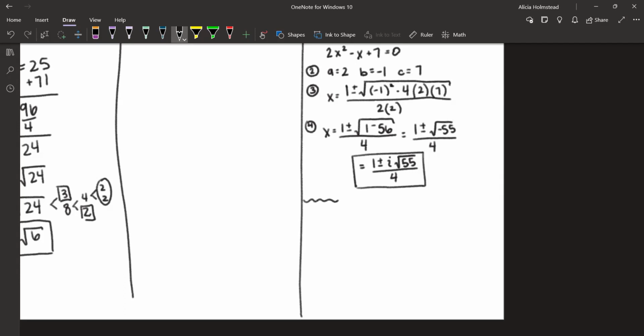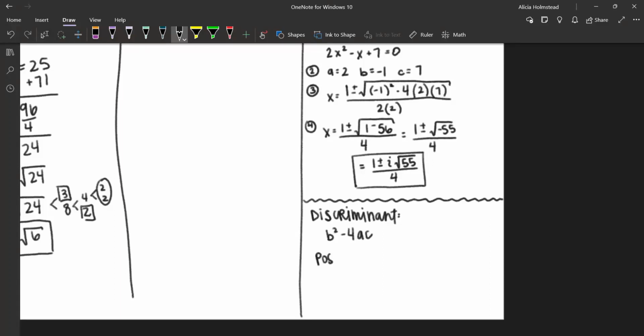And then the last thing that we'll want to make sure we have on our note sheet is what's called the discriminant. The discriminant is the part inside of the square root, which is b squared minus 4ac.